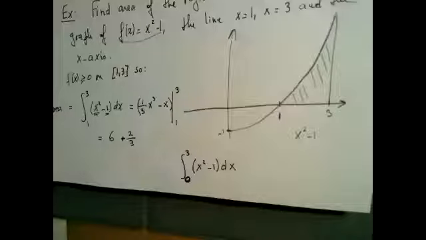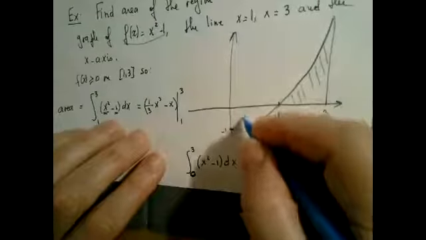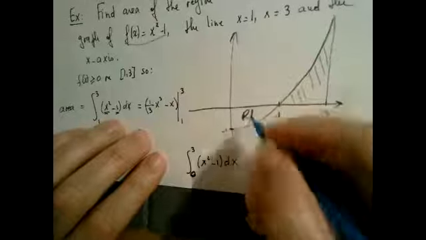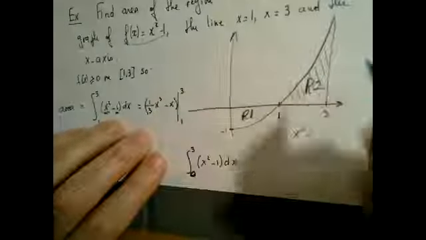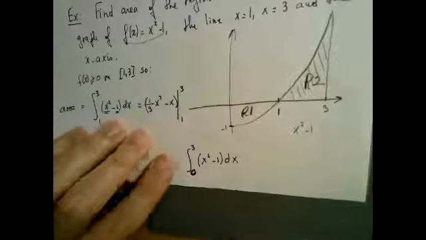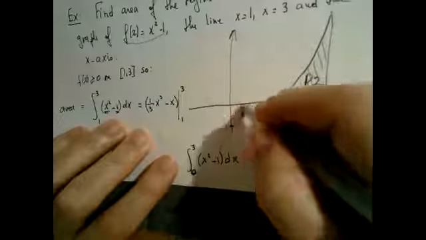It would be the area under the curve and on top of the curve. So I'm going to call this region R1, okay? I'm going to call this region R2. Now, using R1 and R2, repeat your answer.